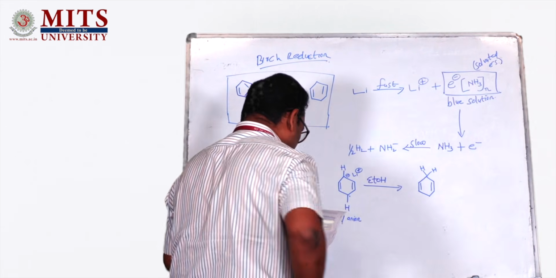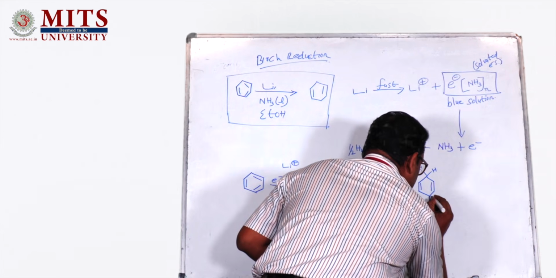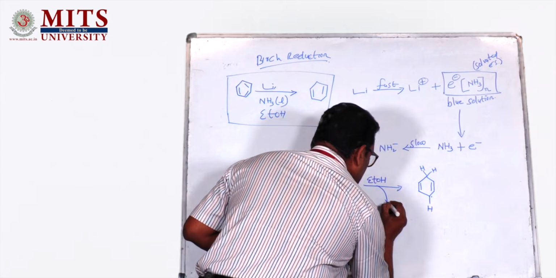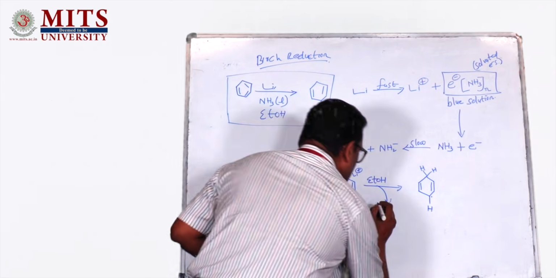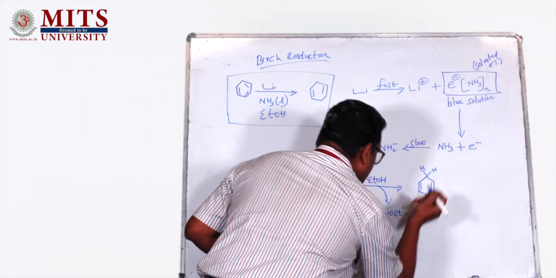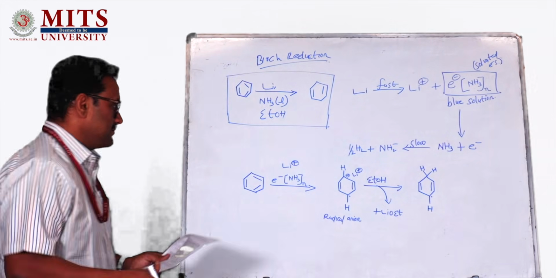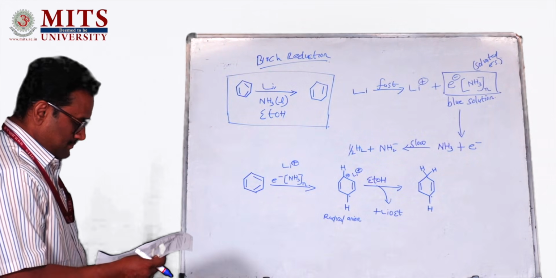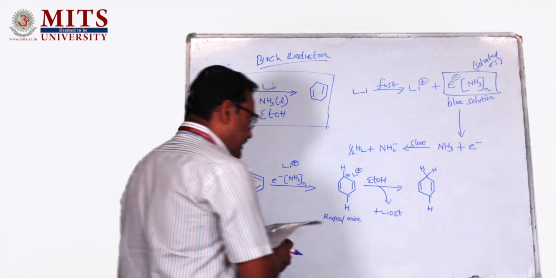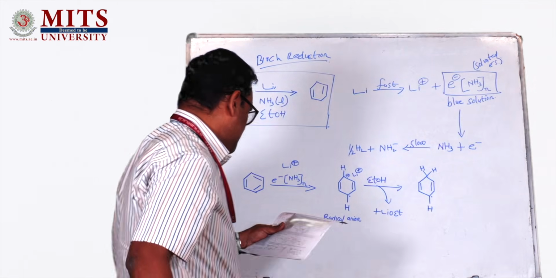So now you will have only a radical. This will give a side product, lithium ethoxide. This is simple. Please keep in mind that it is still a radical. So what will happen again?